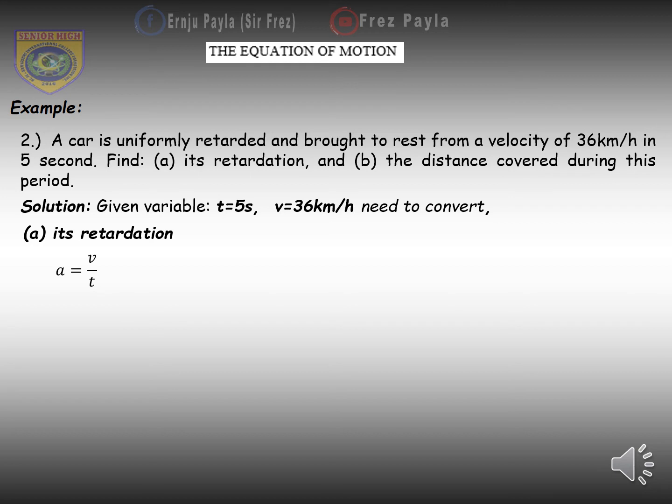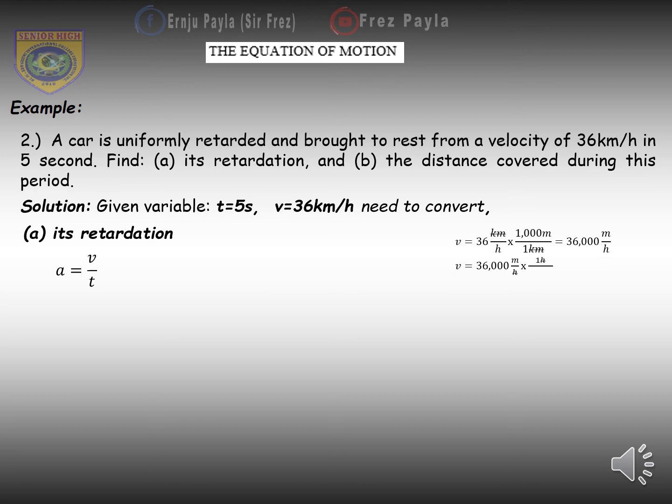The formula for acceleration is a is equal to v over t. First, we convert the velocity, because we need it in meter per second. So we have 36 km per hour times 1,000 meter per 1 km. The kilometer cancels, so the result is 36,000 meter per hour.